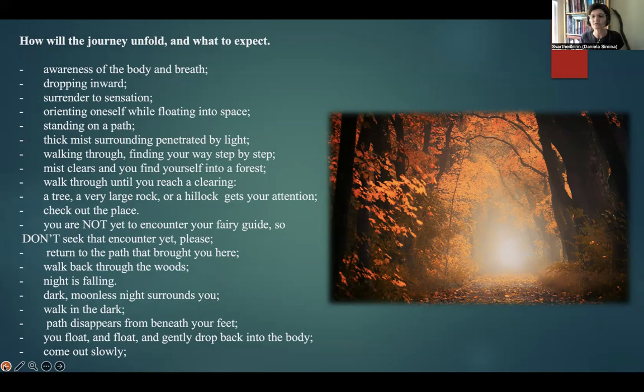You pause and look at that land feature, and coming from behind it or emerging straight out of it, there's someone. You wave at them knowing that it is your fairy guide.